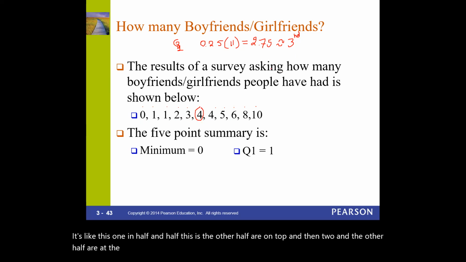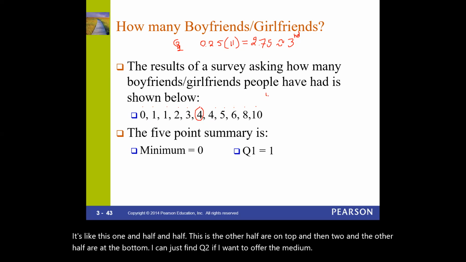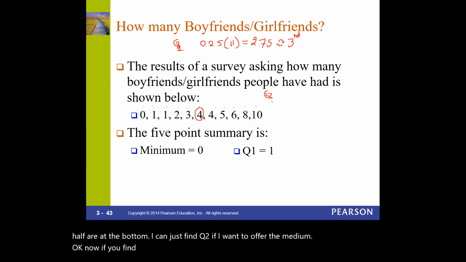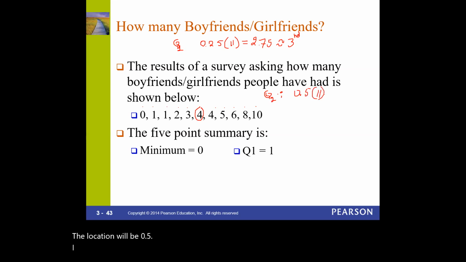Or I can just find Q2, the median. If you find Q2, the location will be 0.5 times 11. This will give you 5.5, and that rounds up to 6. That'll be the 6th value.